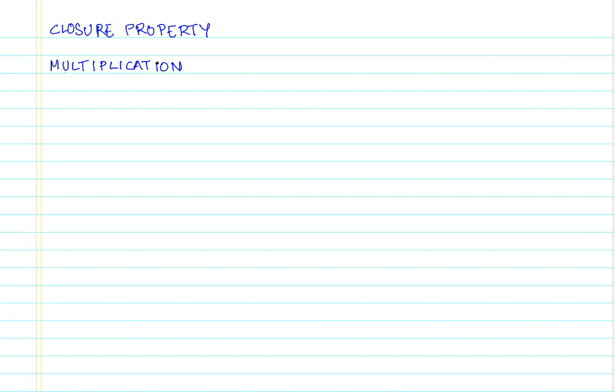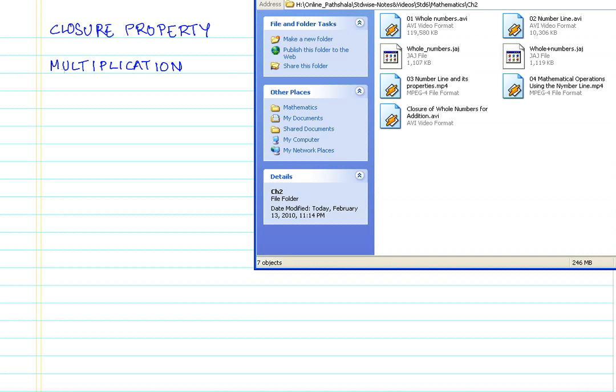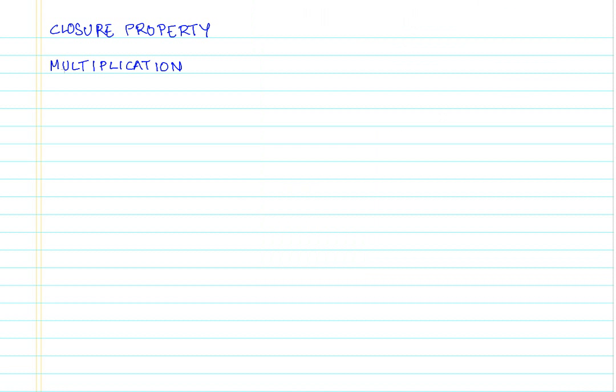on whole numbers. Now again we'll proceed as we did earlier. We'll take two numbers and multiply them. So let's start with a few multiplication operations. Let's start with 0 cross 1.